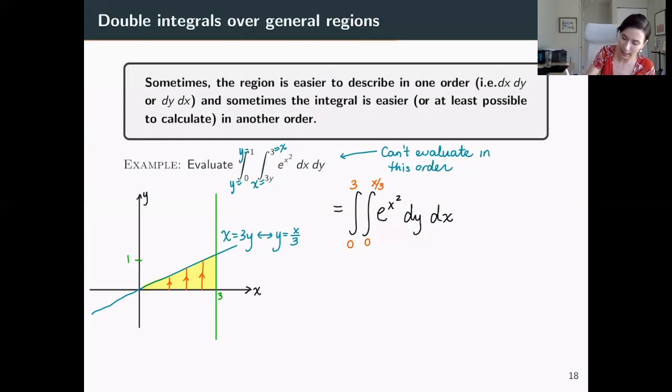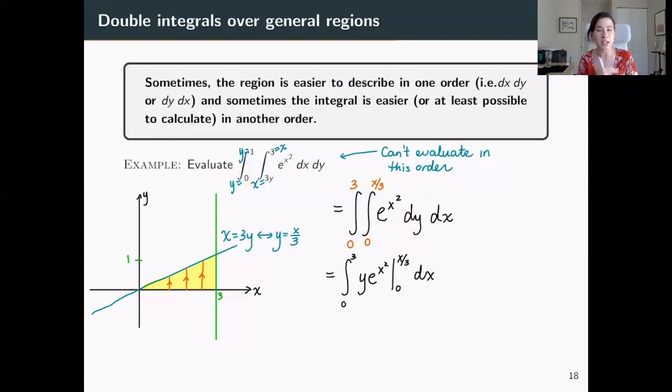We end up getting here, so in the first bit, we get 0 to 3. The antiderivative of a constant with respect to y will be that constant times y. So here we'll get y, e to the x squared, from 0 to x over 3 dx. I'm going to ask you to pick this one up and finish it.